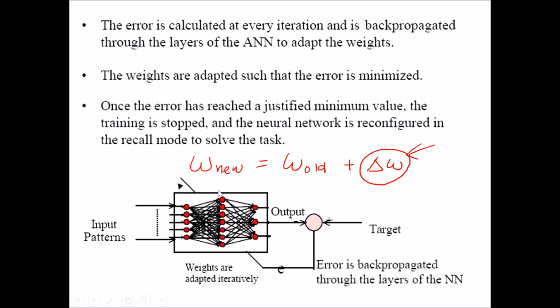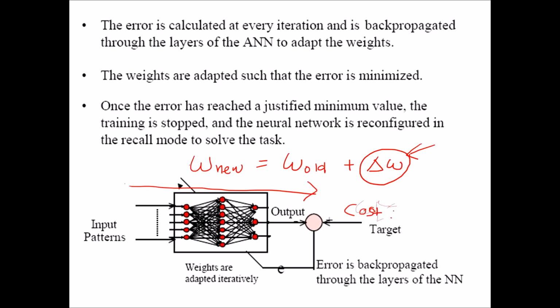The training process will be done in two phases. The first phase is the forward pass. Forward pass means that you feed the input and then you get the output. The second part is the backpropagation. Backpropagation means that you have the cost function here.